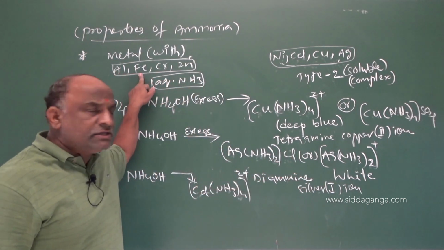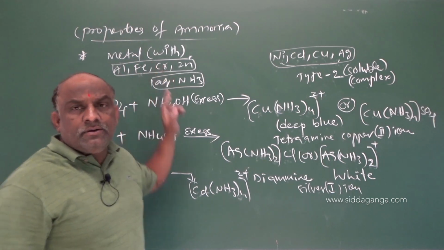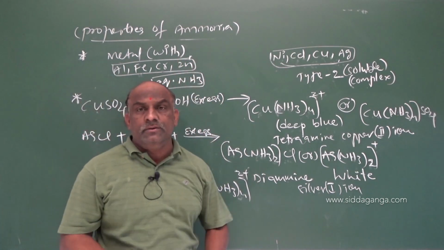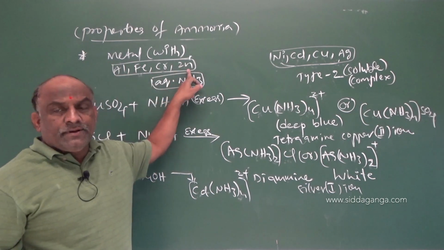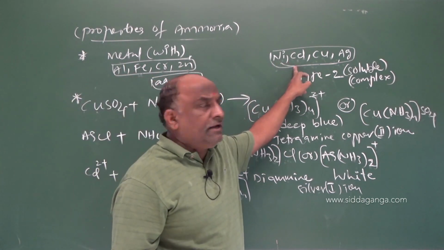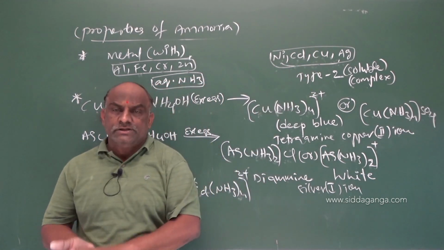Iron salts are also insoluble, a brown precipitate. Chromium salts are insoluble, a green precipitate. And zinc salts are also insoluble, a white precipitate. So these metals are insoluble in aqueous ammonia solution. On the right side, nickel, cadmium, copper, silver are soluble in aqueous ammonia solution.